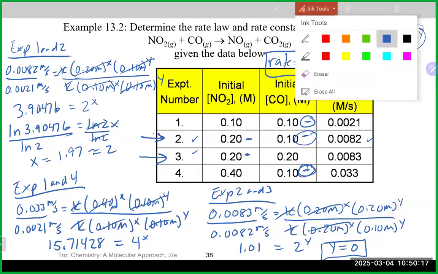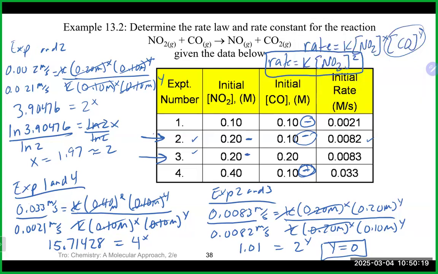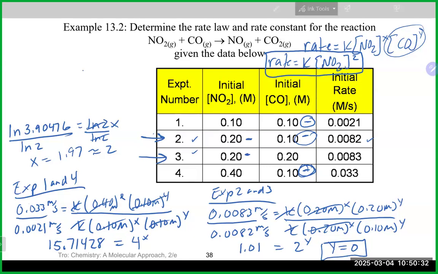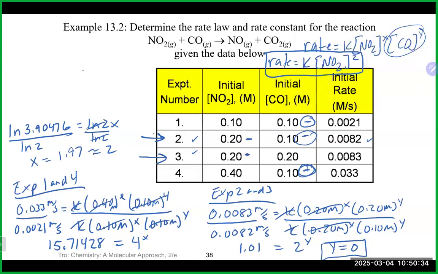That now will allow us to get to our rate constant by rearranging this. All right, so rearranging the rate constant here, that's going to give us K is equal to the rate divided by our NO2, and it is going to be squared.